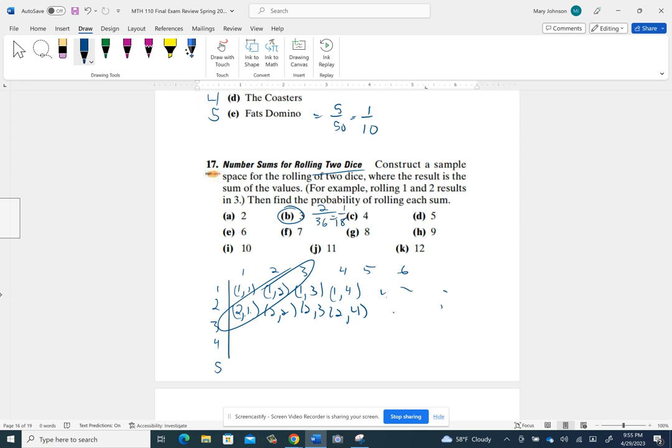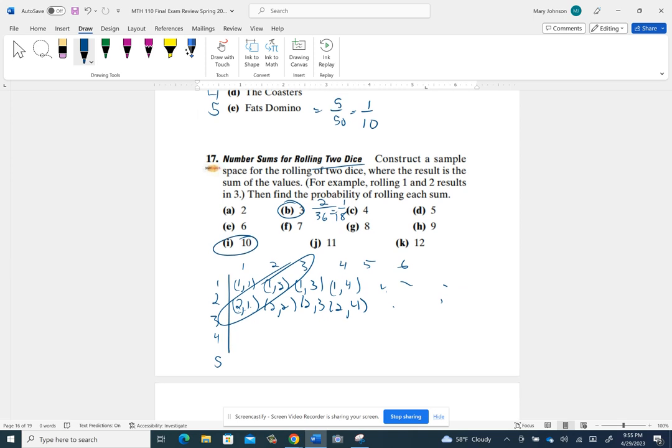Okay. And if they wanted the probability of getting, say, 10, you would go to all the possibilities. You would see them on a diagonal. It would be way here at the end. I can't go to the chart, so I'll just list them.